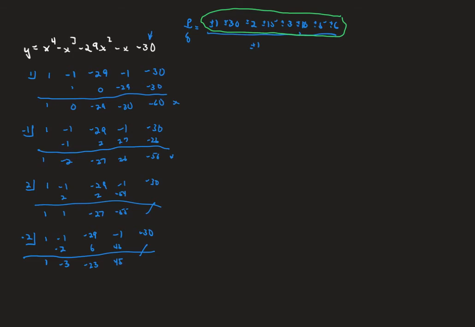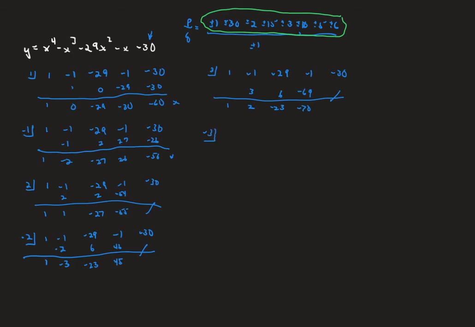So let's see, how about 3? So I'm going to go 1, negative 29, negative 1, negative 30. And let's see, we got 1, 3, 2, 6, negative 23, negative 69, negative 70. Nope, that's not going to work.